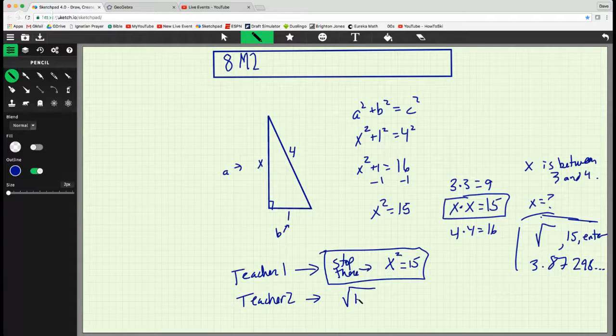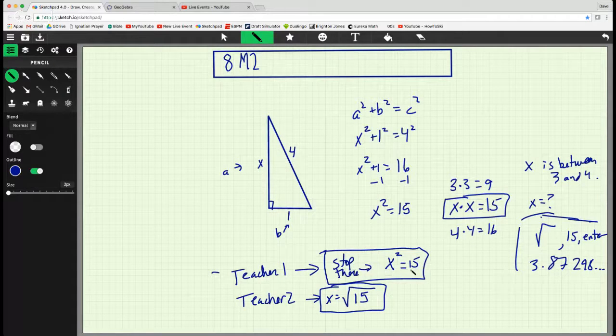You write it like this: x equals the square root of 15. That means x is the number that, if you multiply it by itself, gives you 15. So one teacher may say this, one teacher may say that.